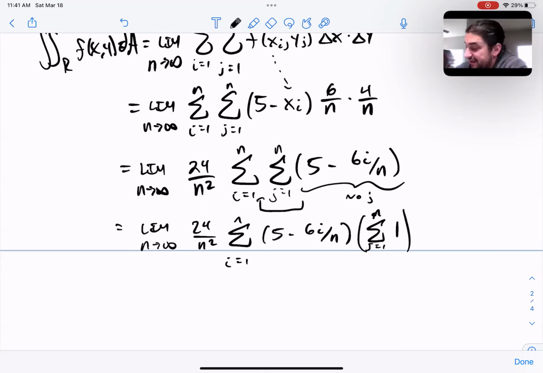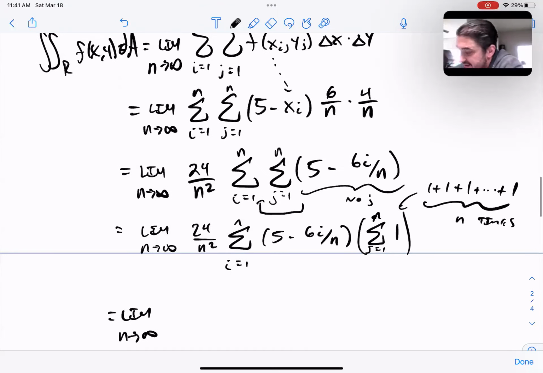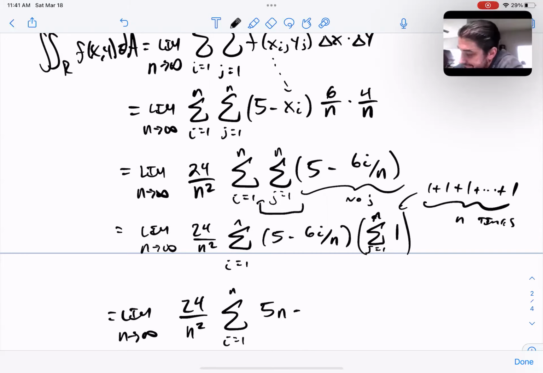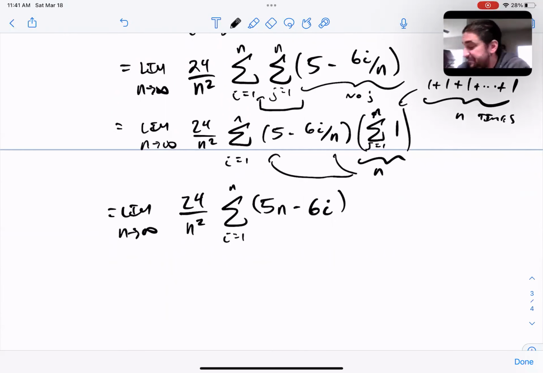So this sum is 1 plus 1 plus 1 plus, n times. And if you take 1 and add it to itself n times, of course, you just get n, right? So this sum just equals n. So distribute that through. And it actually kind of cleans up that next sum, right?